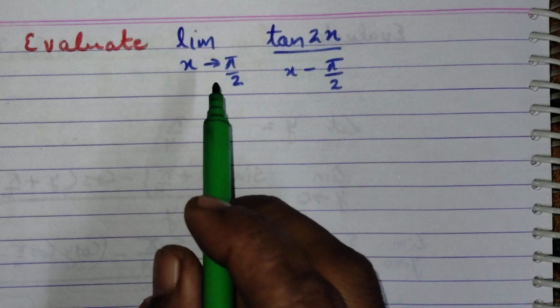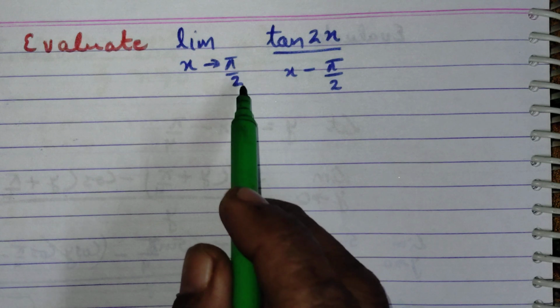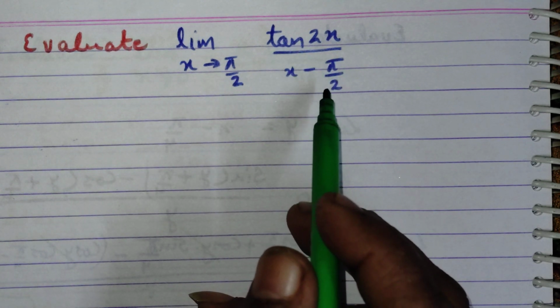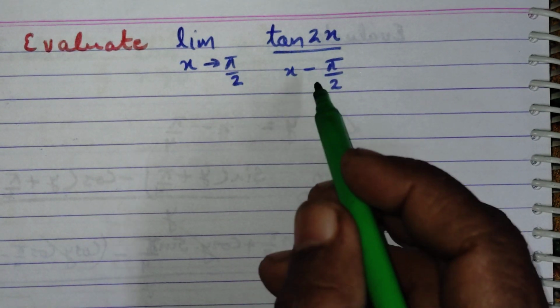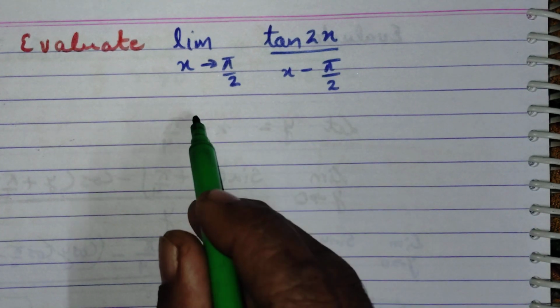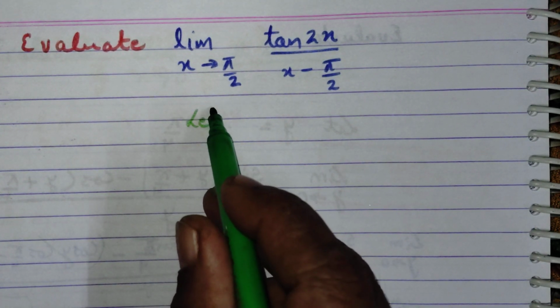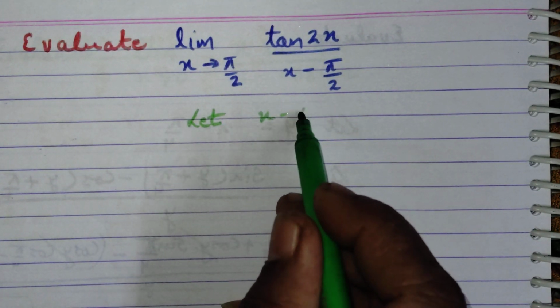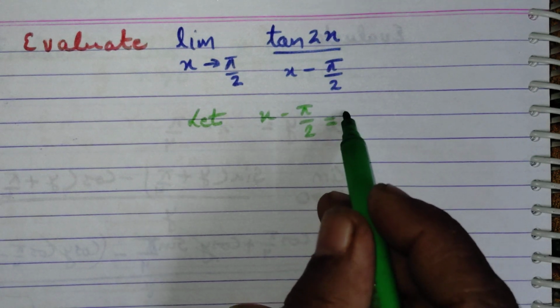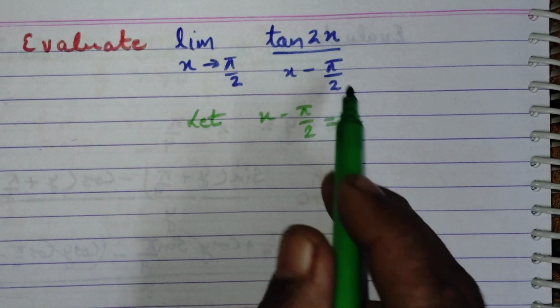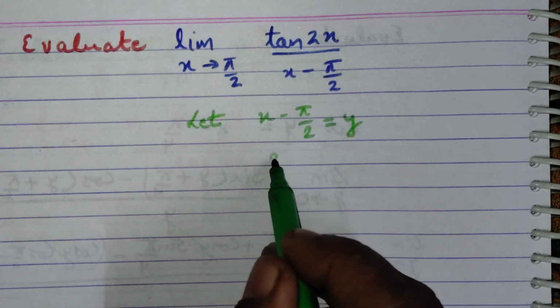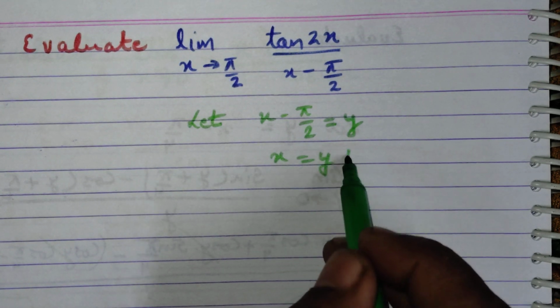Next, our trigonometric problem is limit x tends to pi by 2, tan 2x upon x minus pi by 2. In this problem, we replace this x minus pi by 2 with another variable. So let x minus pi by 2 equal to y. So x will be y plus pi by 2.